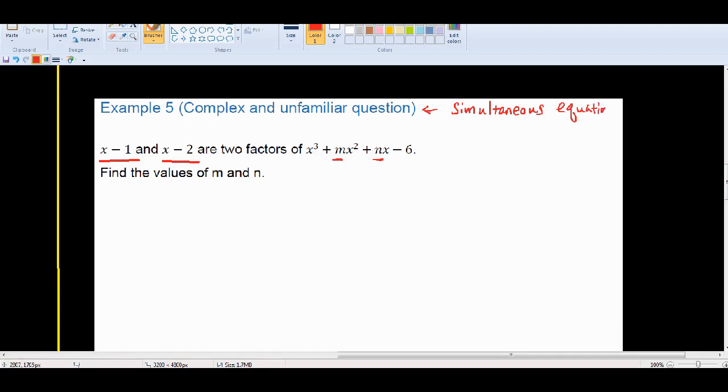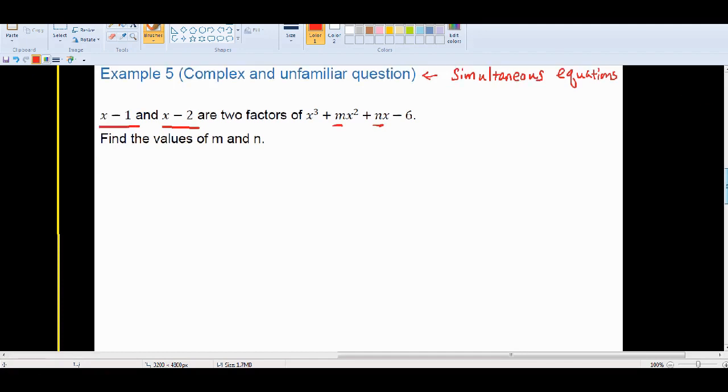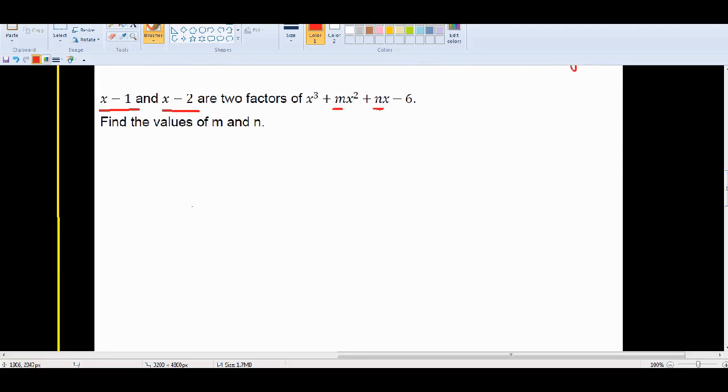We are going to set up two equations, and we try to use the method of elimination to find the values of m and n. So first let's let px equal the given polynomial.